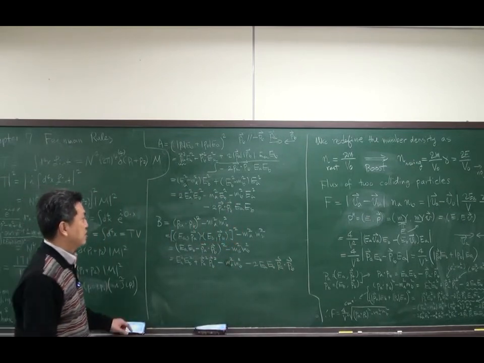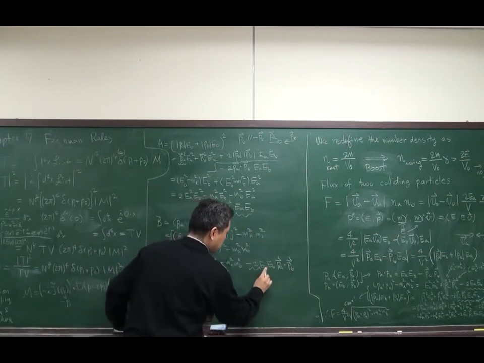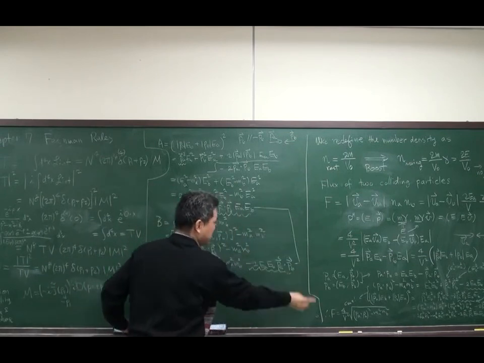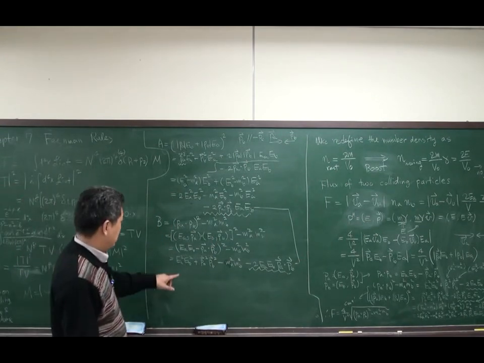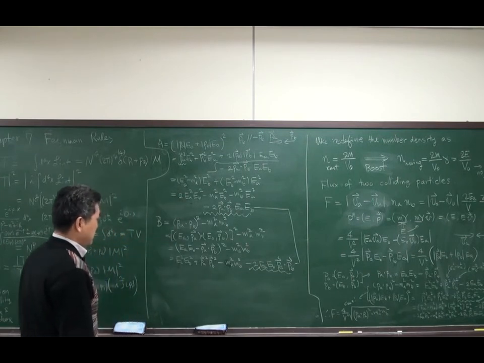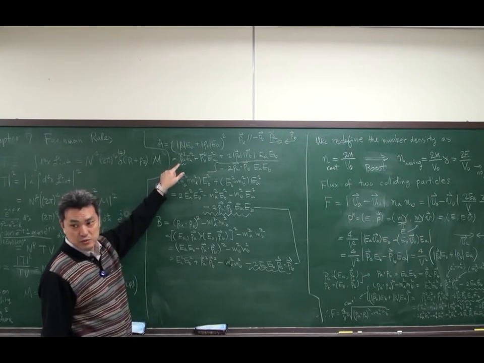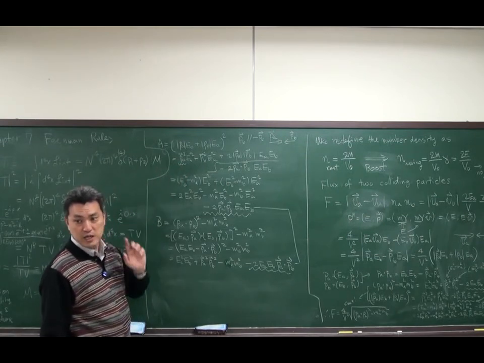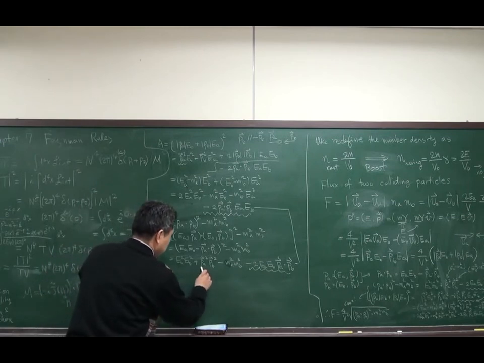Okay? Fortunately, we have the same contribution. They are the same. What about this and this? Because we have replaced PA squared by EA squared minus MA squared, what I have to do is replace this one.